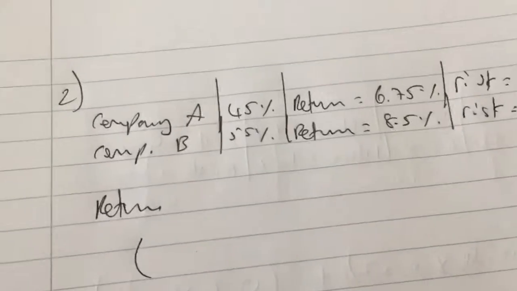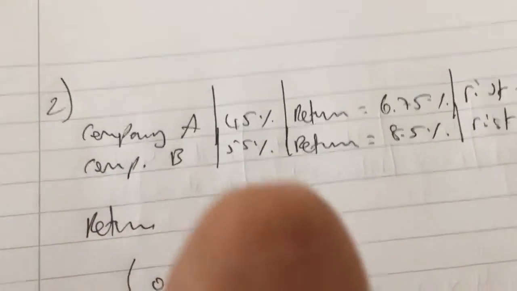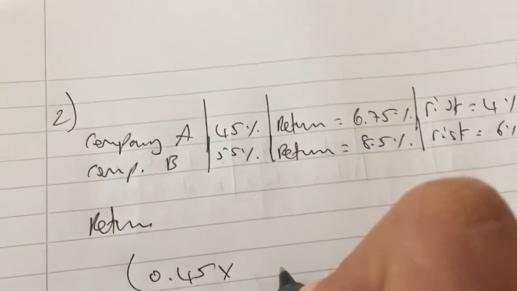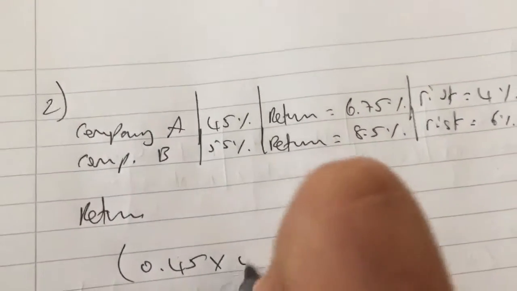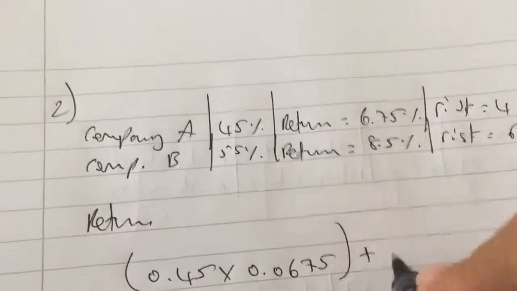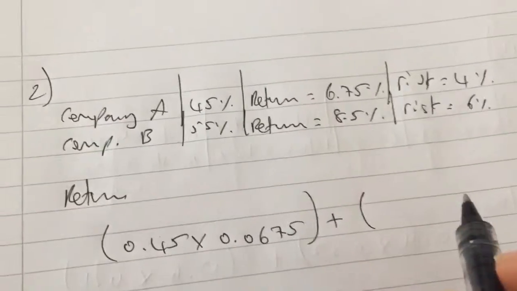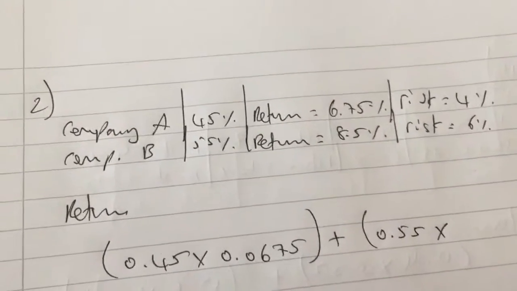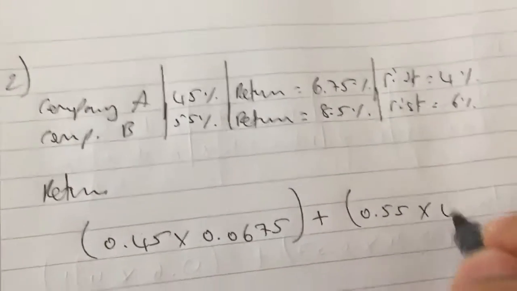So the return, same formula. Weight of company A, 0.45, multiplied by the return, 0.0675, plus the weight in company B, 0.55, multiplied by the return in company B, 8.5%, so 0.085.